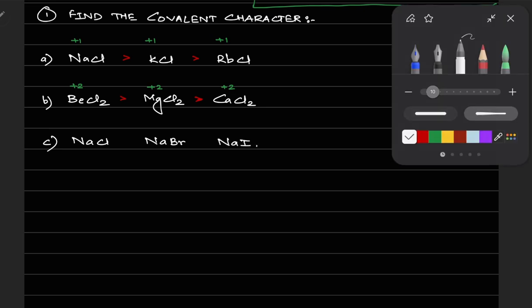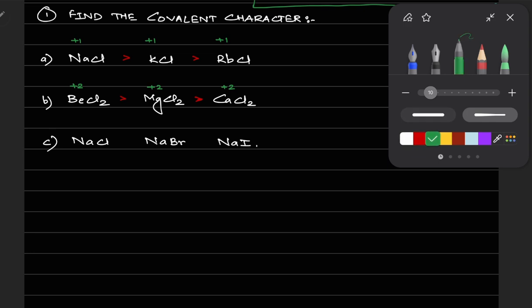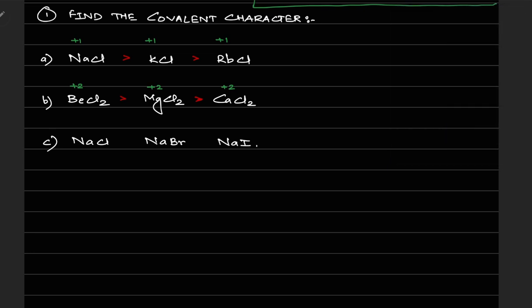If we check, the cation is common, sodium. So there is no dependency on the charge of the cation or the size of the cation. The whole responsibility is now on the charge and size of the anion.